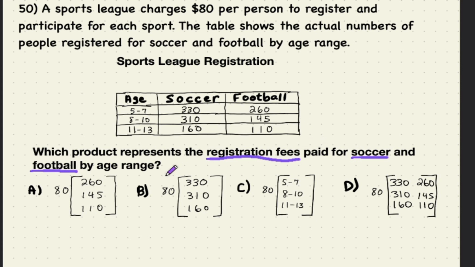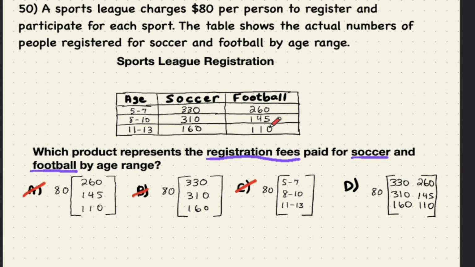So right away, I'm going to eliminate answer choice A, because A is just showing, actually, I'm sorry, the football players, and then answer choice B is just the soccer players. C is just showing the age group, as you can see here. So it's got to be answer choice D, because we have the soccer players on this side according to the age group, right?